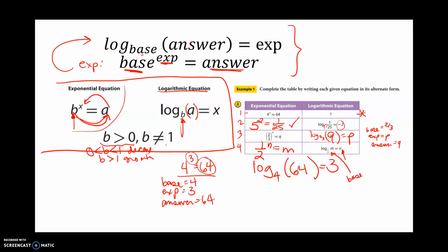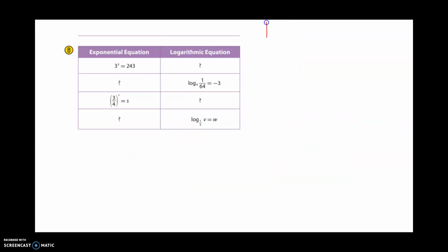Okay, if I come back here, I'm going to rewrite this over the top, if that helps. We're going to say the log base. I always like to start with the exponent because that's the one we're used to. The base raised to the exponent gives us an answer. And when we're going back and forth between the alternate forms, we know where the base goes.